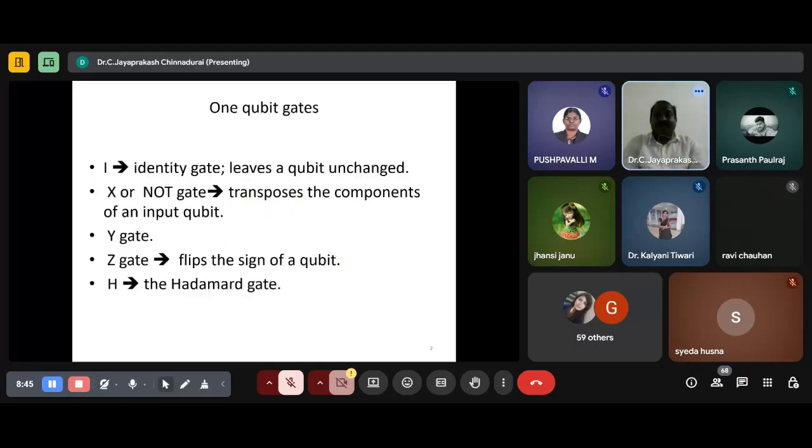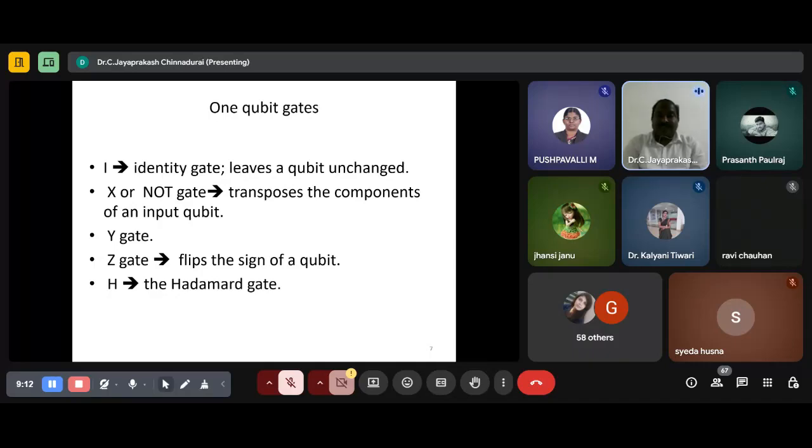See here, the first symbol is the I gate, the identity, which leaves a qubit unchanged. And the second one, the X or NOT gate, transposes the components of an input qubit.